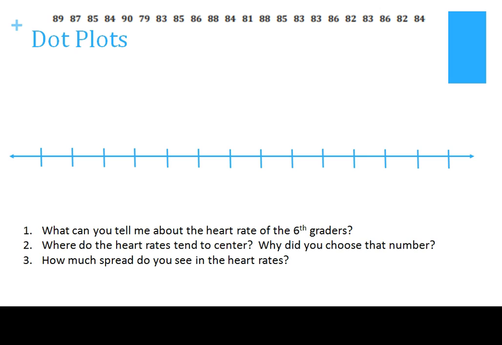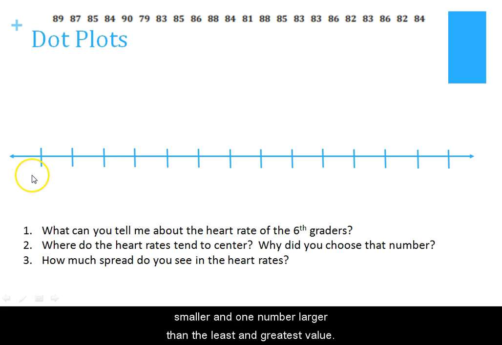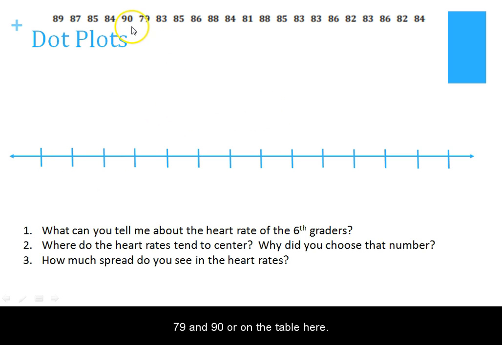For example, the heartbeats per minute of 80 is not one of the recorded values of the students in the class. However, we must include the number 80 in our number line. One good thing that I like to do is always have one number smaller and one number larger than the least and greatest values. Since 79 and 90 are on the table here, let's start a number line with 78 and go up to 91.